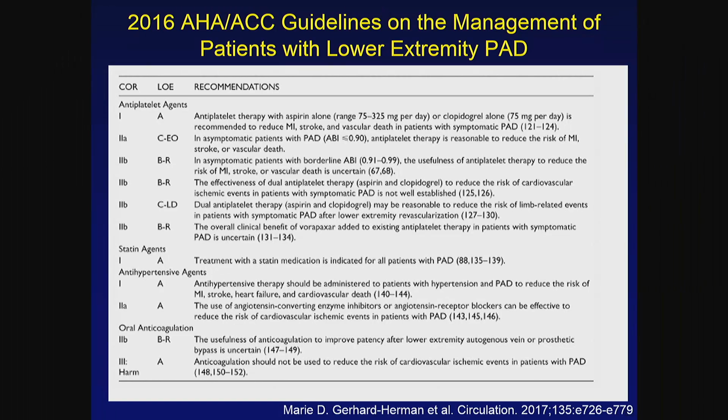It is important to note that antiplatelet therapy with aspirin alone or clopidogrel alone is recommended in all patients with symptomatic or asymptomatic peripheral artery disease, primarily to reduce the risk of myocardial infarction, stroke, or death, and that's in patients who are certainly symptomatic. In patients who are asymptomatic and who have peripheral artery disease, the guidelines also support the use of antiplatelet therapy, though this recommendation is not as robust.